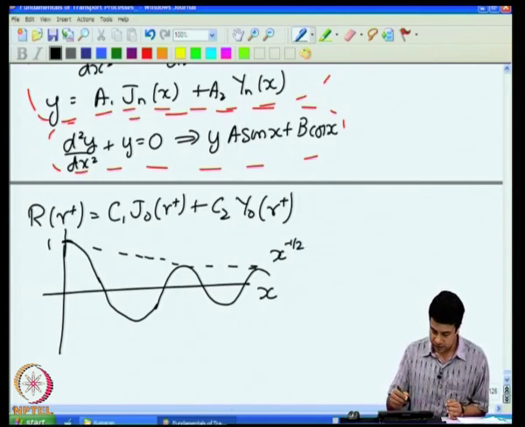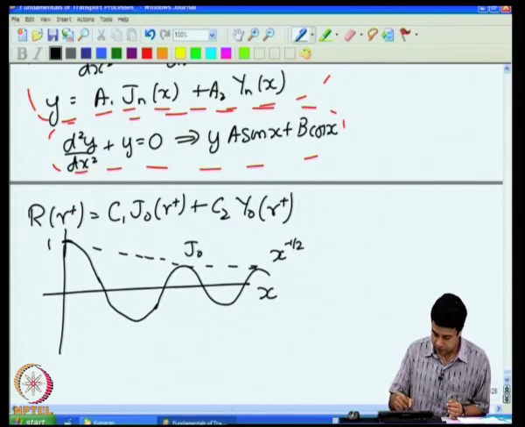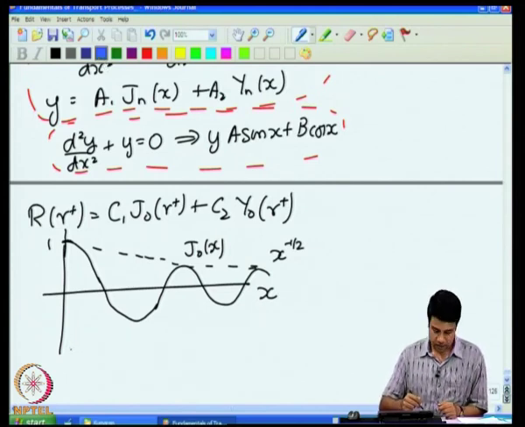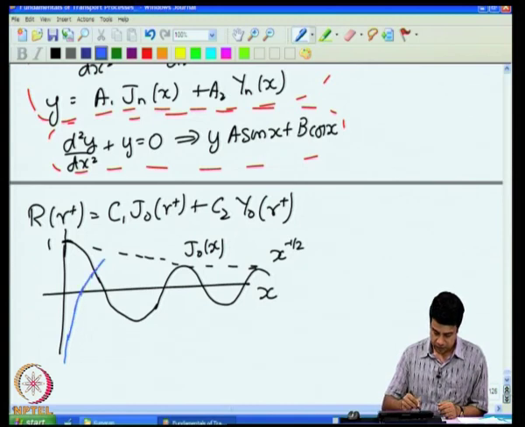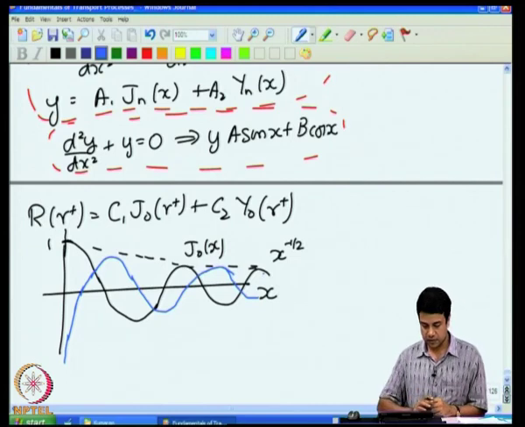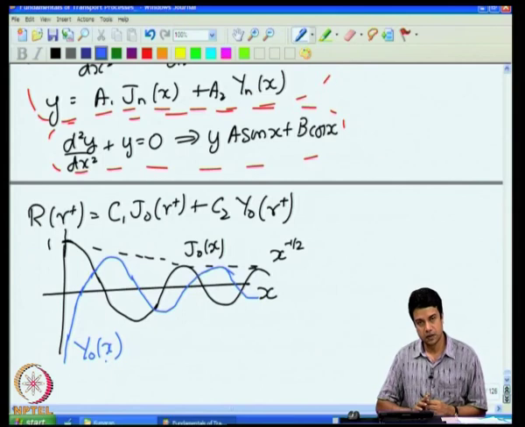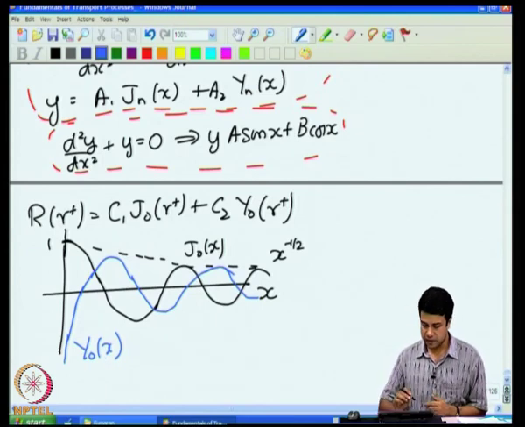So, this is the function J naught of x. The other function Y naught of x actually starts at minus infinity. Okay, it has a decay similar to J naught of x. So, this is Y naught of x. So, the general solution for the Bessel equation is some combination of J naught and Y naught.